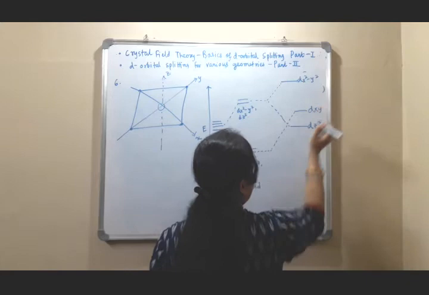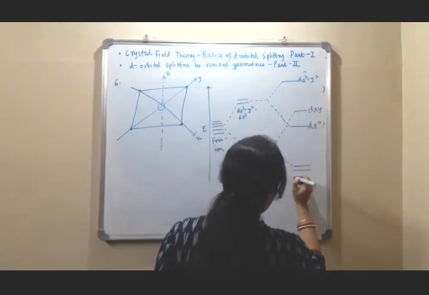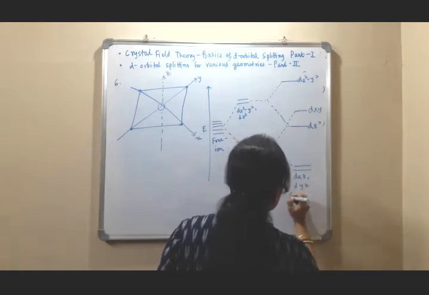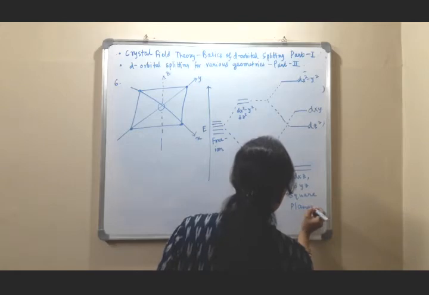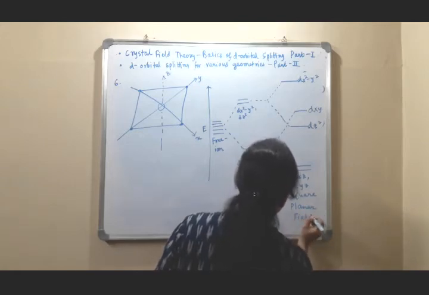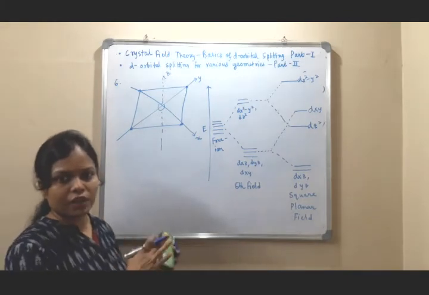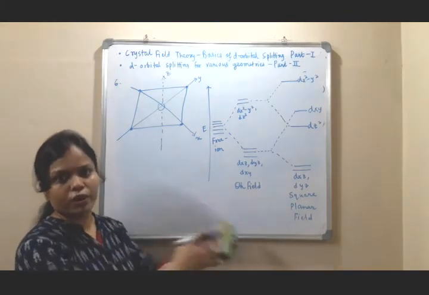Here I will have dxy and the other two will remain the same, dxz, dyz. So this is the picture of a square planar field. Hope you all get it. No need to remember the splitting pattern. Just apply your logic. You can draw it by yourself.